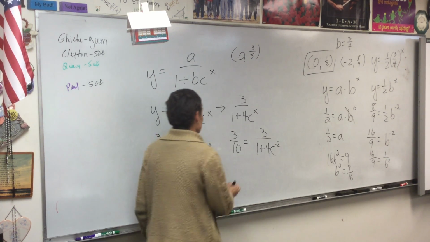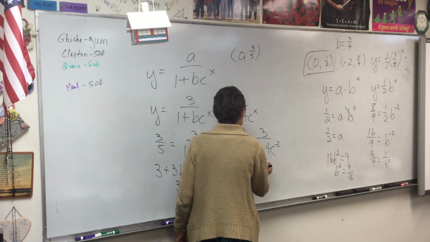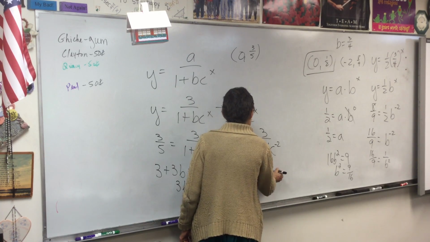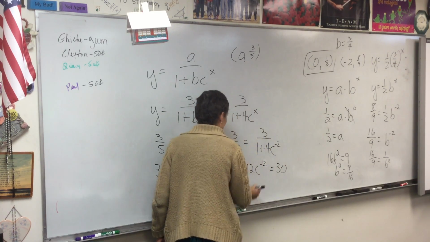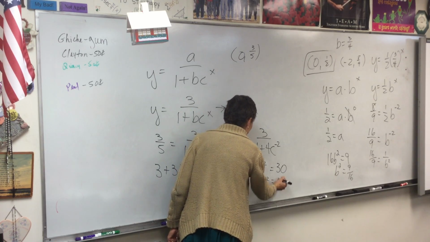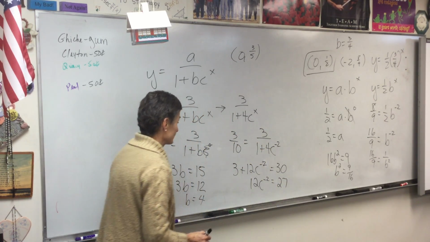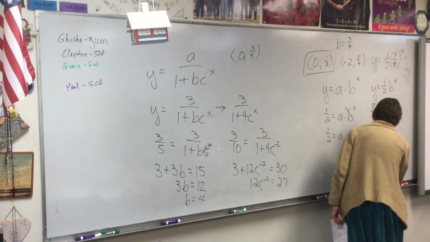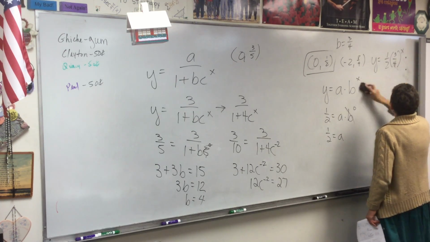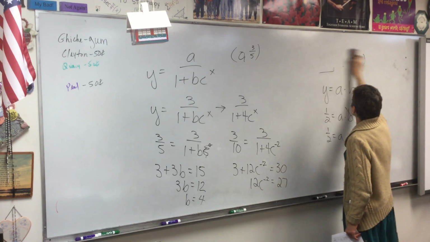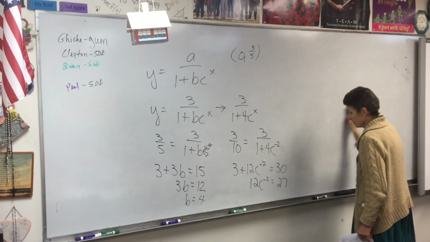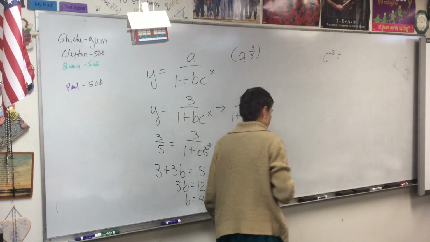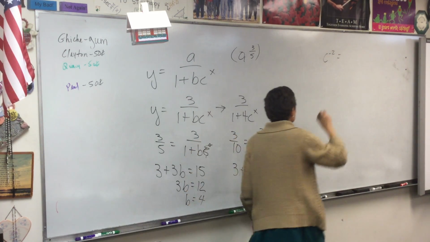Cross multiply, so 3 plus 12c to the negative second equals 30. So 12c to the negative second equals 27. So c to the negative second equals 27 over 12. That reduces. 9/4.